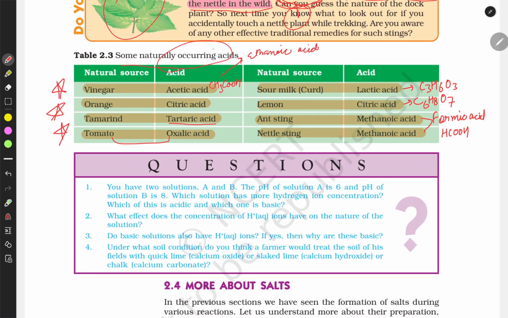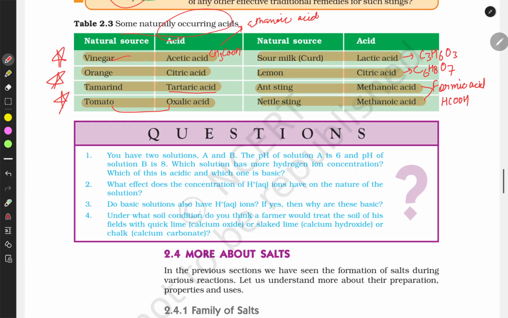This table shows the sources. Vinegar contains acetic acid, which has the formula CH3COOH. It is ethanoic acid, acetic acid. A solution which contains about 3 to 5% acetic acid is called vinegar.